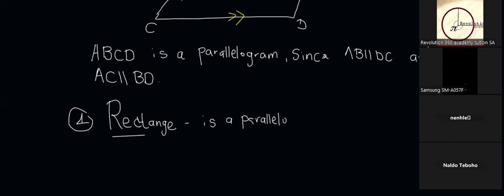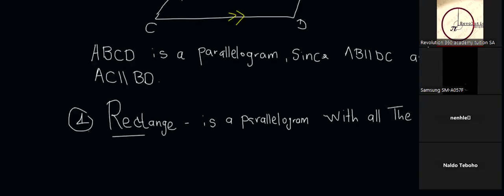A rectangle is a parallelogram with all the angles 90 degrees.